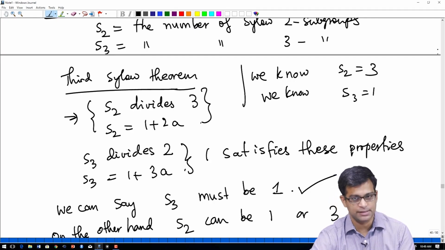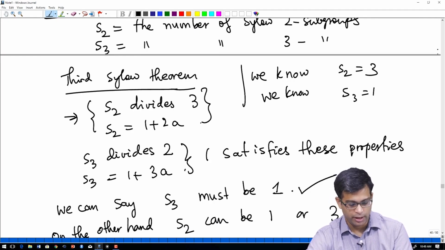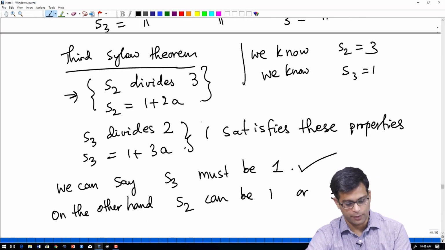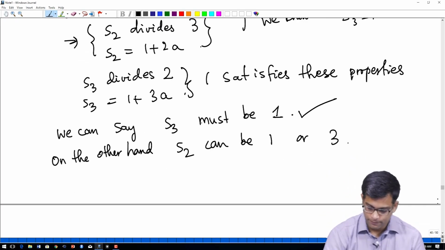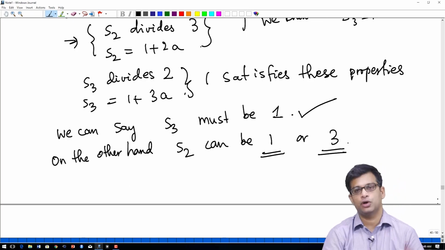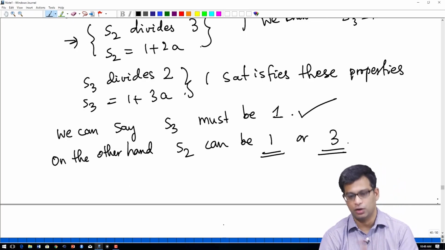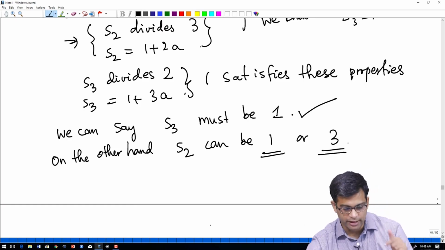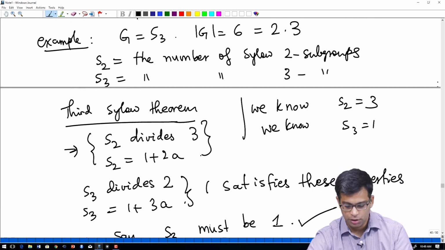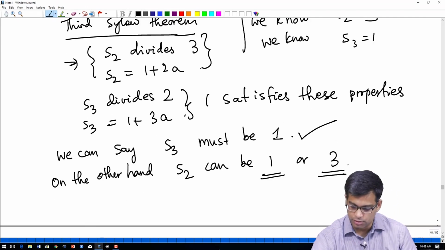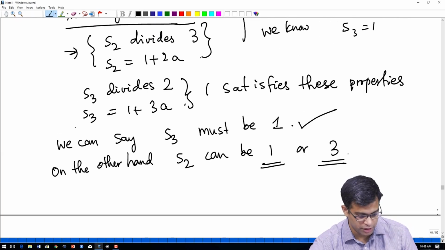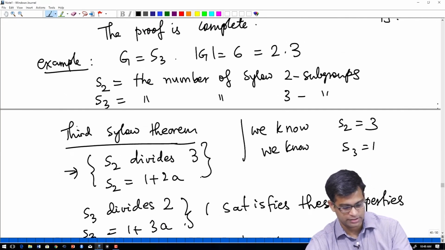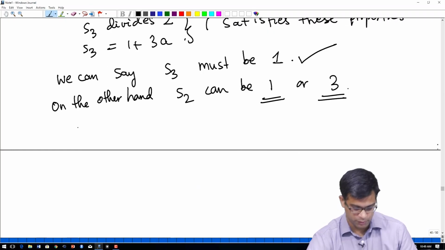Certainly 1 has these properties, because 1 divides 3 and 1 is of the form 1 plus 2 times 0, and 3 also has this property, 3 divides 3 and 3 is of the form 1 plus 2 times 1. So the Sylow theorem only says that S2 can be either 1 or 3, and in the example of the symmetric group, the option 3 is achieved. Of course, my notation is confusing here because of the group and also S3, so I hope you do not get too confused about this.